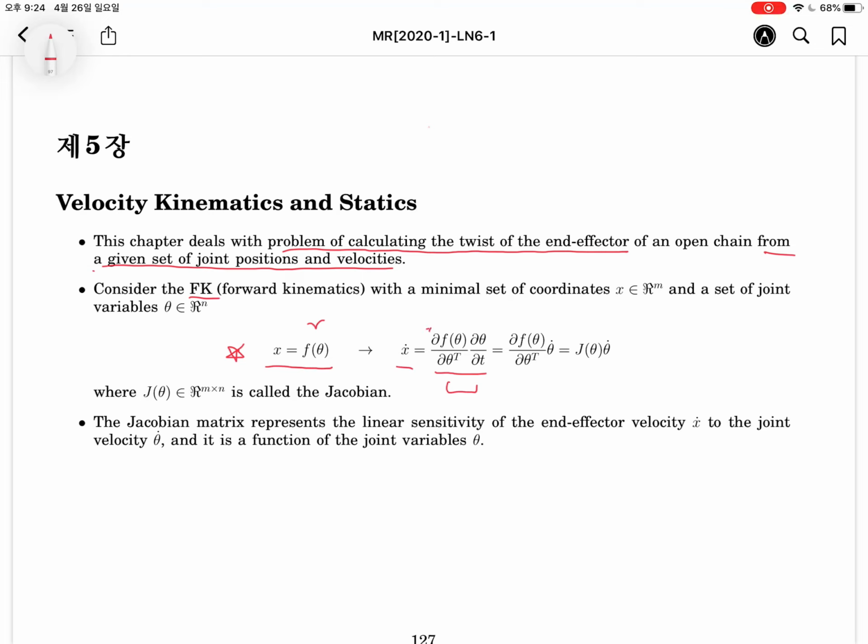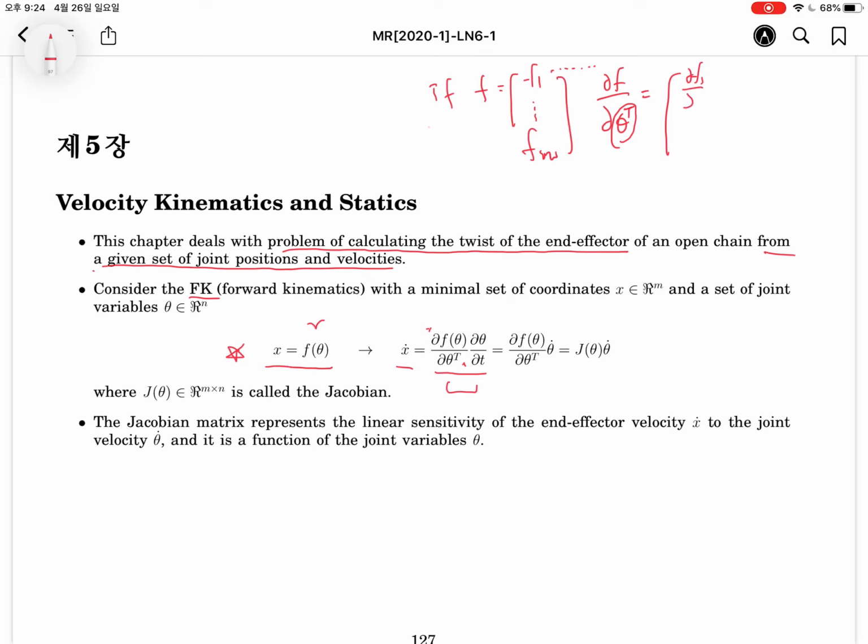Here, the partial of f with respect to zeta transpose implies the derivative with respect to zeta in the row direction, because it implies the row vector.